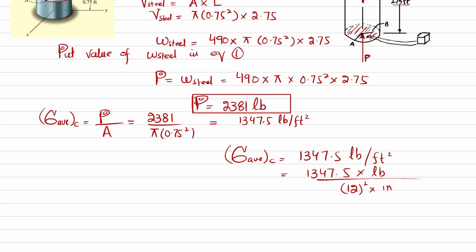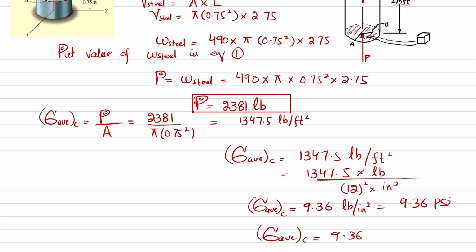Then the average normal stress in compression will be equal to 9.36 pounds per square inch, which is 9.36 psi. This is the answer to this question.